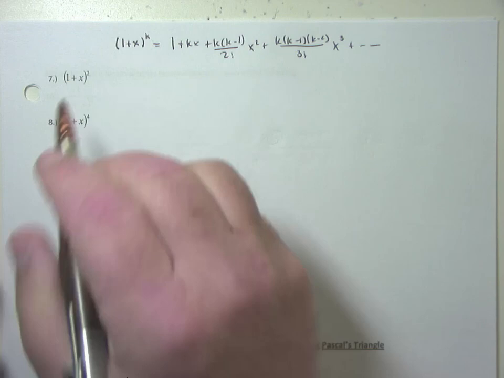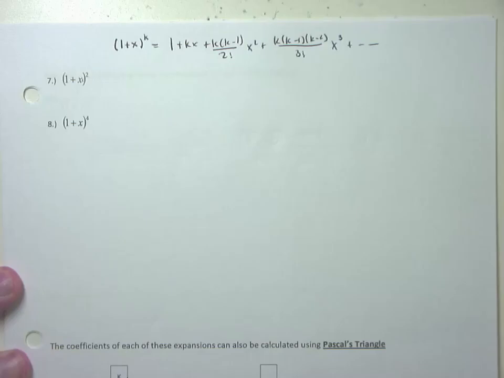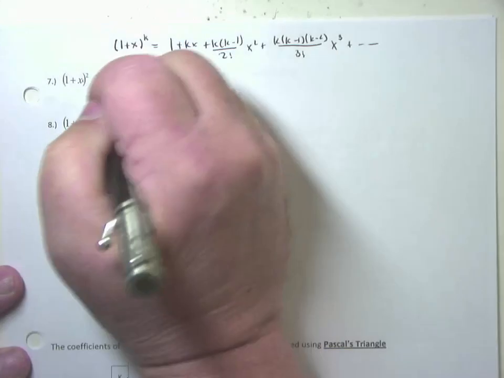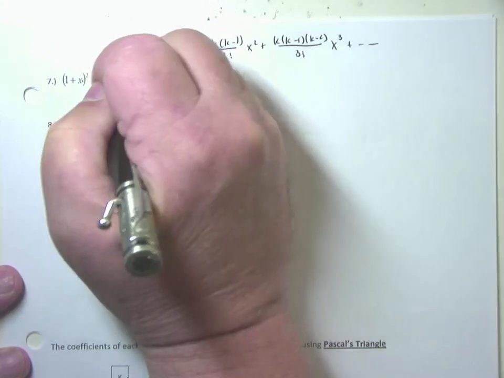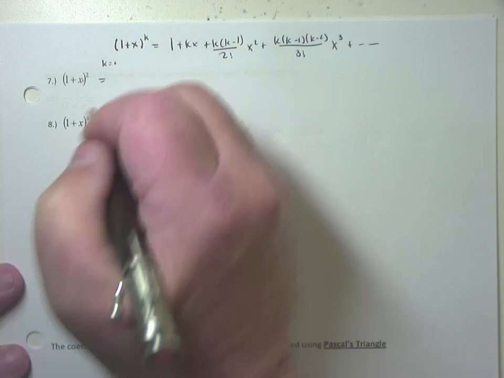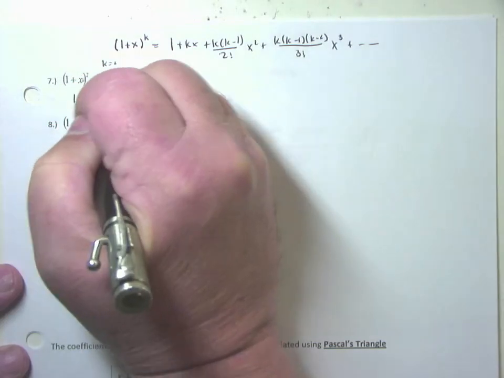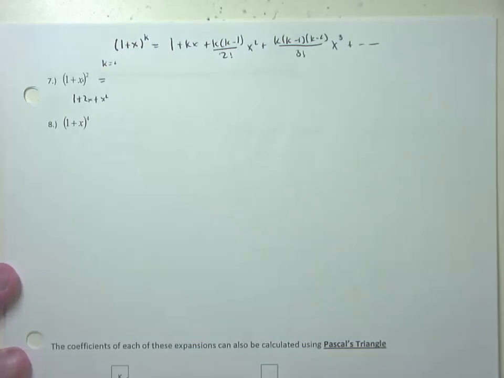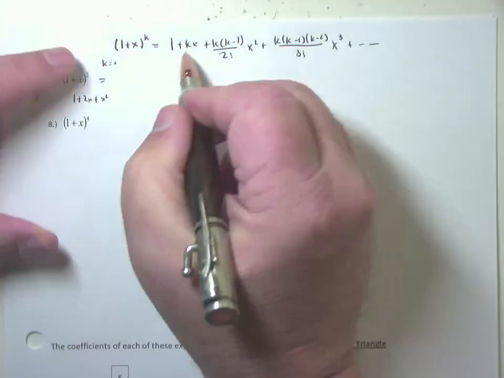Here, k is equal to 2. So if k equals 2, now honestly, if I FOIL this out, I can do this in my head. What's 1 plus x times 1 plus x? That is 1 + 2x + x squared. I could do that one because I've done it 10,000 times before. But if I did k equals 2, here it goes.